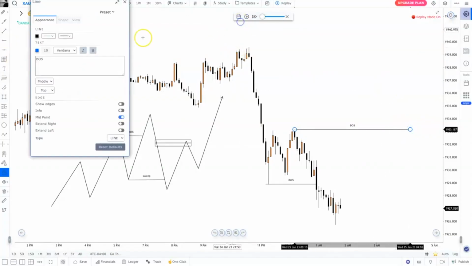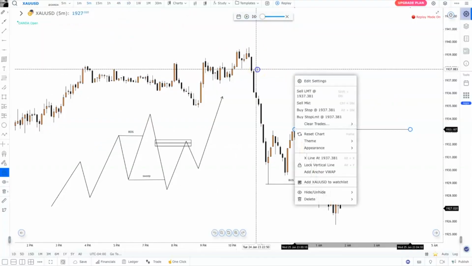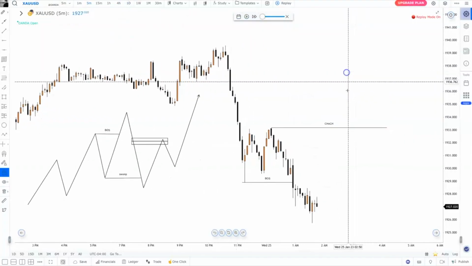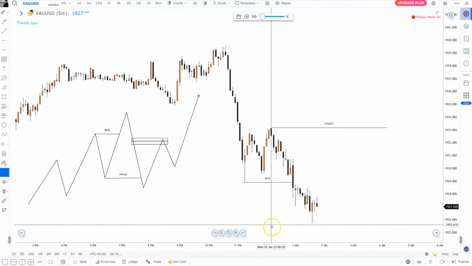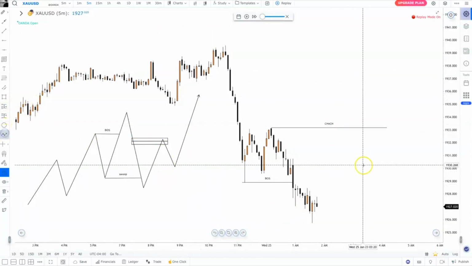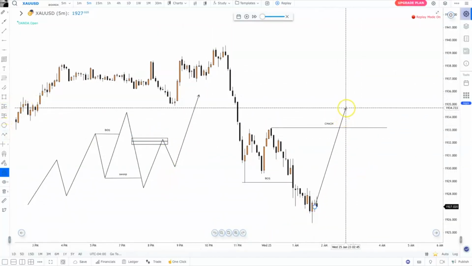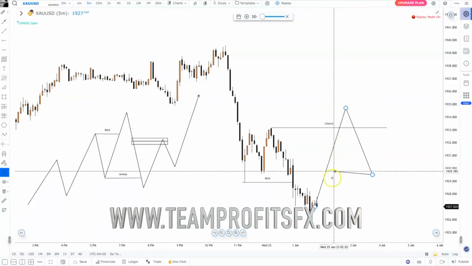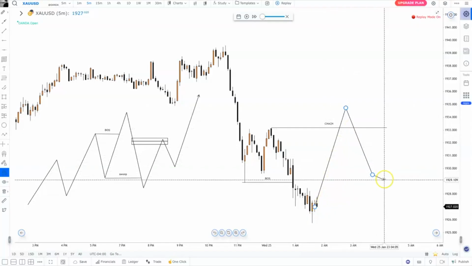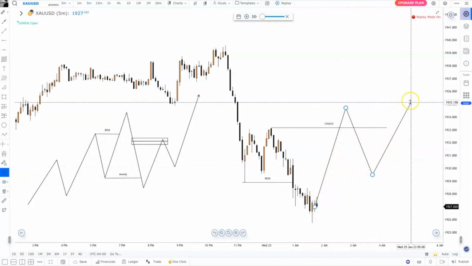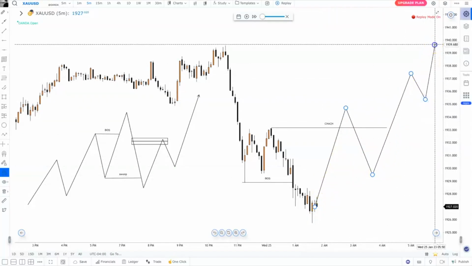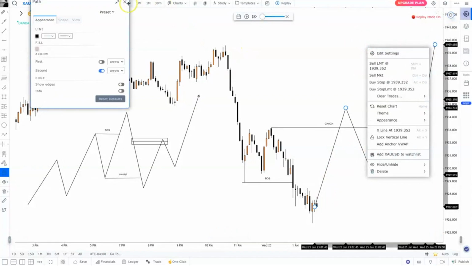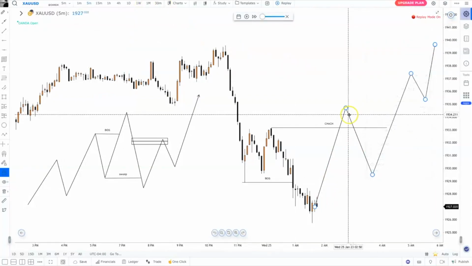That's where the change of character would happen in reality, if the price actually happened to break this high. If the market all of a sudden does this, boom, breaks, we normally look for a breakup, for an order block formation somewhere here, with all of our confluences to then go buy. That's normally what we expect.